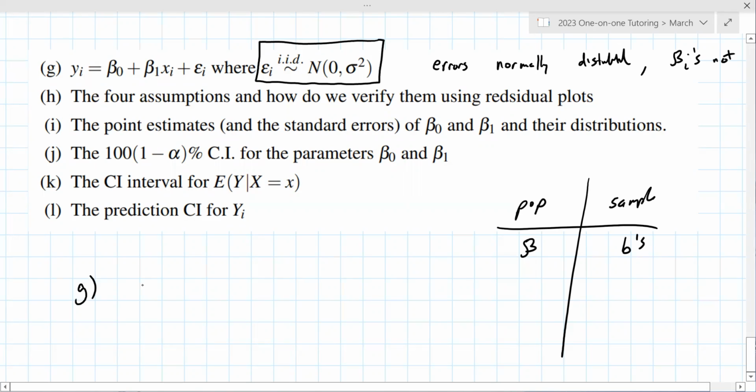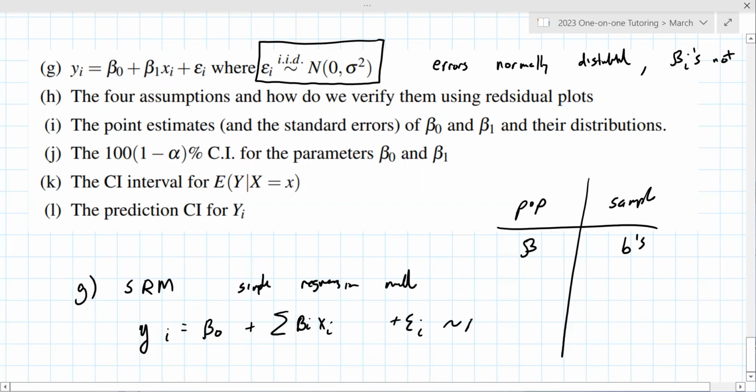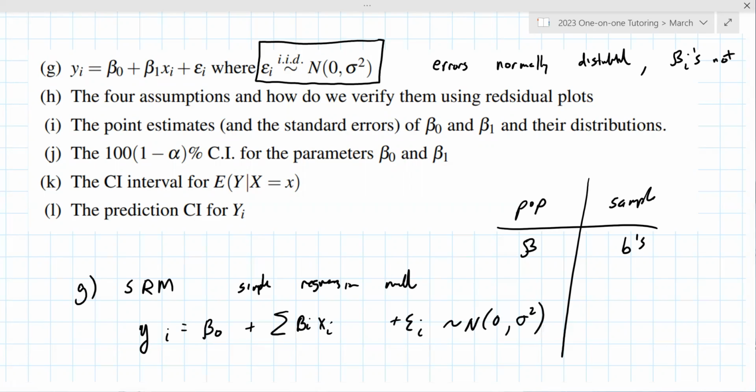So G is for the simple regression model, SRM. And if this had a B2, would that then be multiple linear regression? Yes. And I think that was also in there, but it was like y_i equals beta 0 plus sigma beta_i x_i, but it still had the epsilon_i normally distributed with mean 0 and sigma squared variance. Got it. Okay, that makes sense.